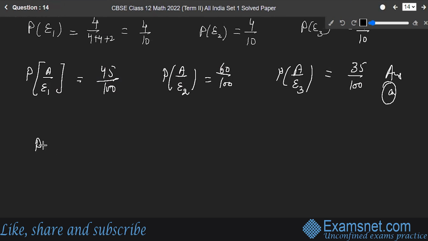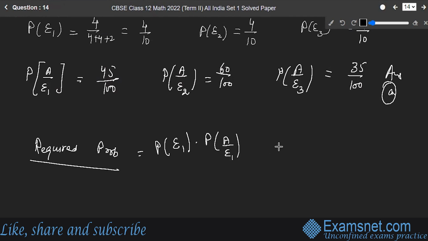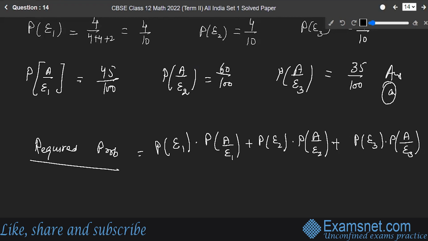So the required probability is given by the probability of E1 into this, plus the probability E2 into the probability the seed germinates of A2 type, plus the probability E3 into this, right? So this is it.